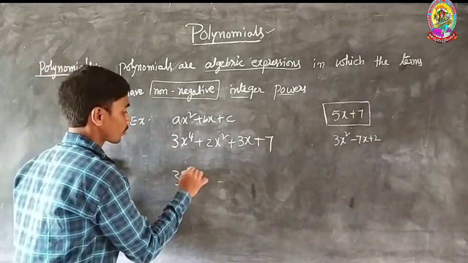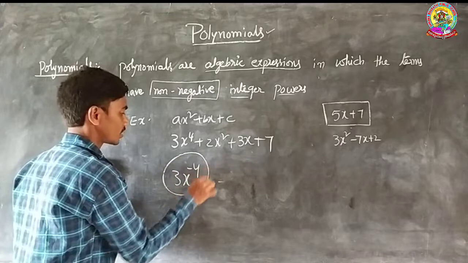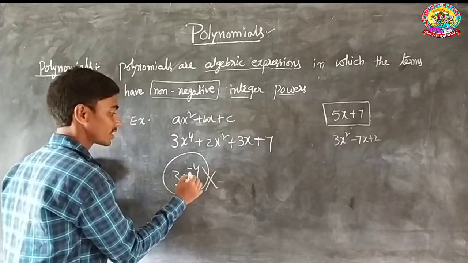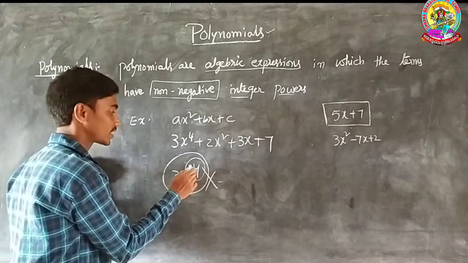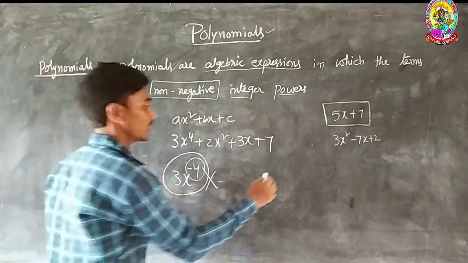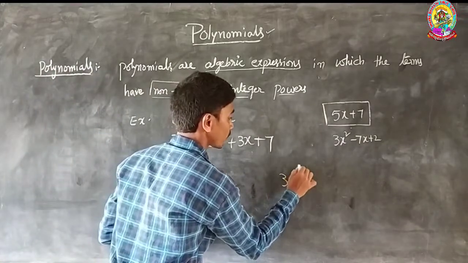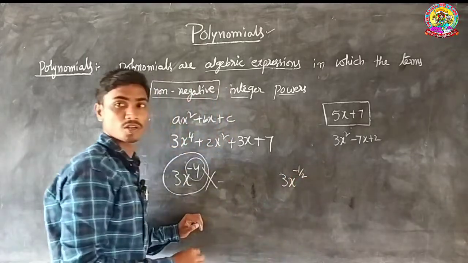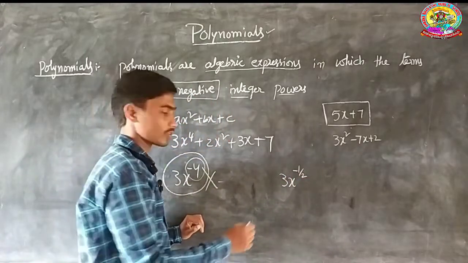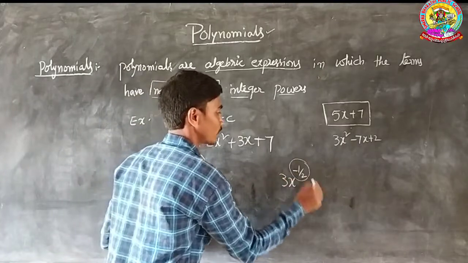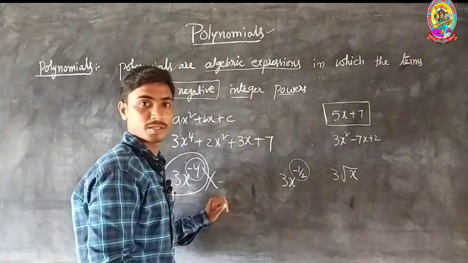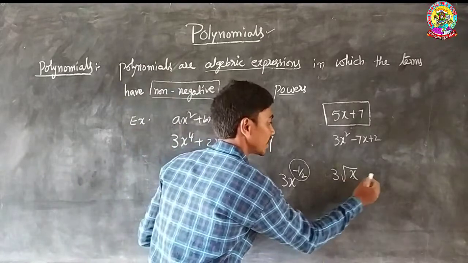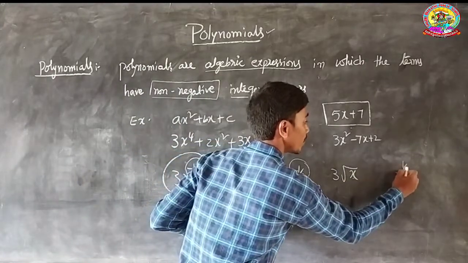If 3x power minus 4 is there, that is not a polynomial because the power of x is minus 4, a negative number. 3x power minus 1 by 2 is not a polynomial because the power of x is minus 1 by 2, and 3 root x is not a polynomial. Why? Because the power of x is 1 by 2.